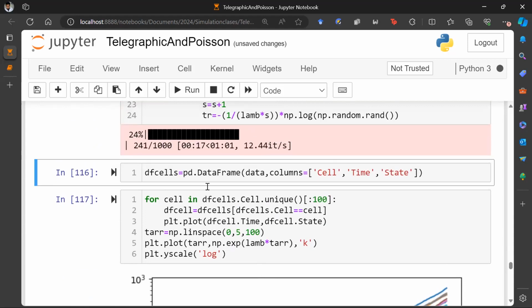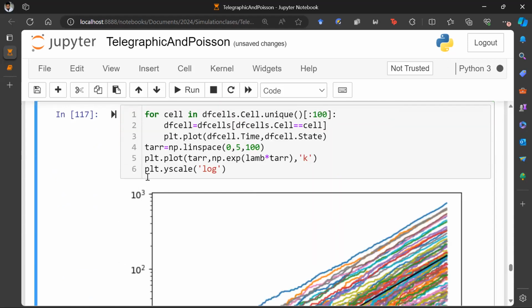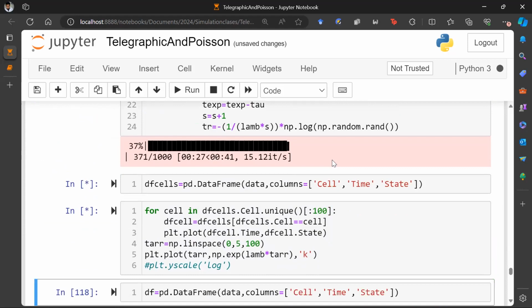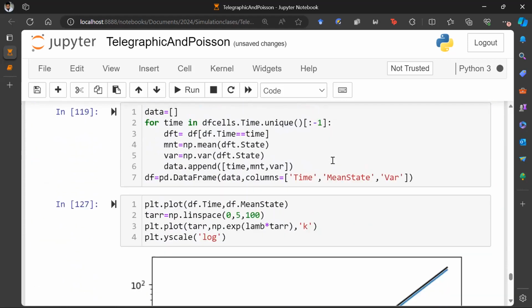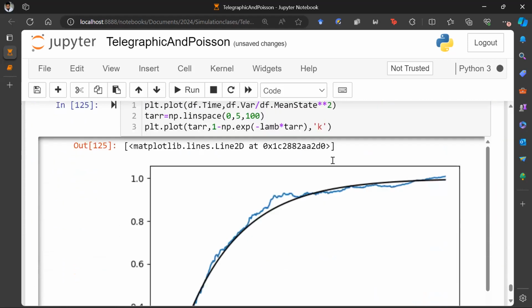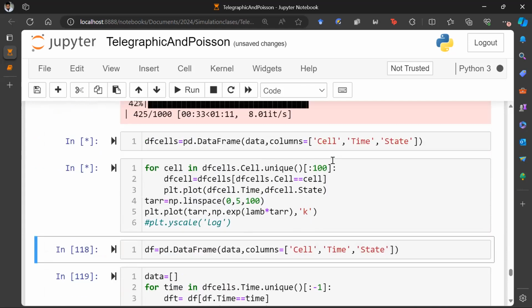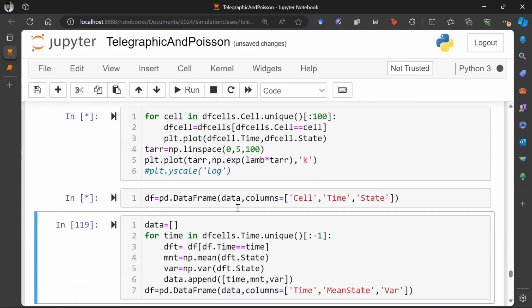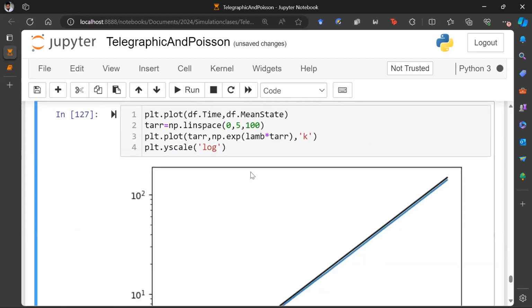Okay, so their solution is going to be something like this. And I'm going to plot different trajectories. And also I compare the mean and the variance.